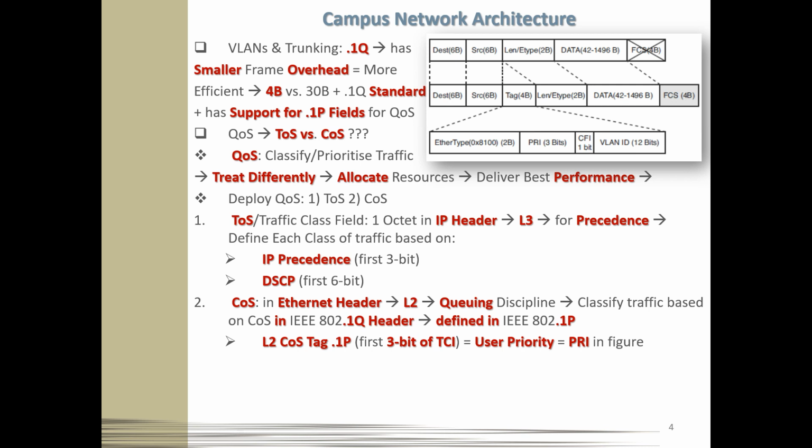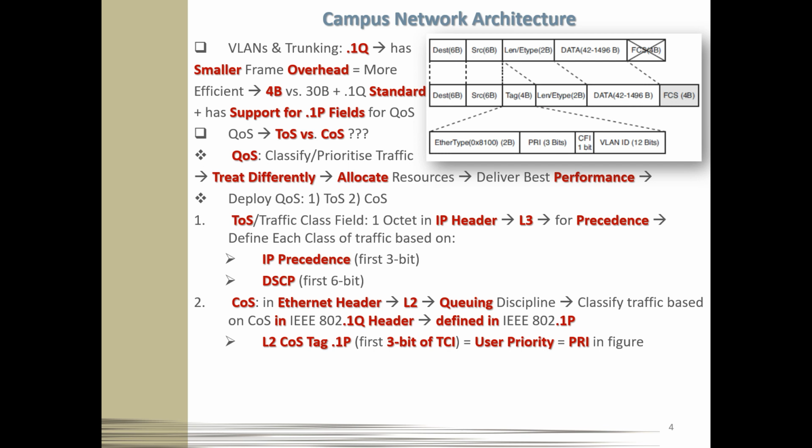But here with Ethernet we set CFI to 0. Last but not least, VLAN ID, 12 bits, is the main focus. The VLAN identifier 12-bit field uniquely identifies the VLAN to which the frame belongs. And thanks to this field, trunk ports can carry traffic for many VLANs.